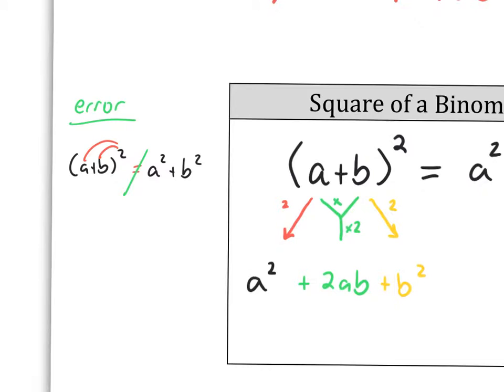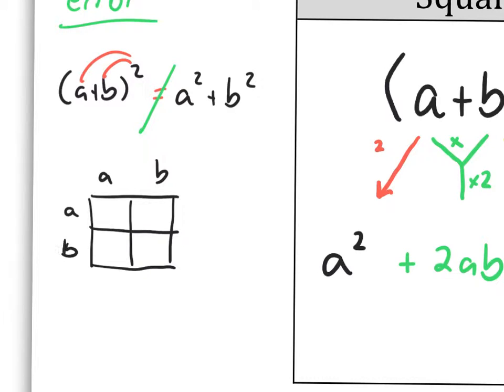There is no distributive property in this case for an exponent, okay? Remember, when we're looking at this, it's an a and a b, and if you do a grid, you'll see it a little bit easier. So that means you have 4 terms that have to be multiplied. I have an a squared, I have an ab, I have an ab again, and I have a b squared.